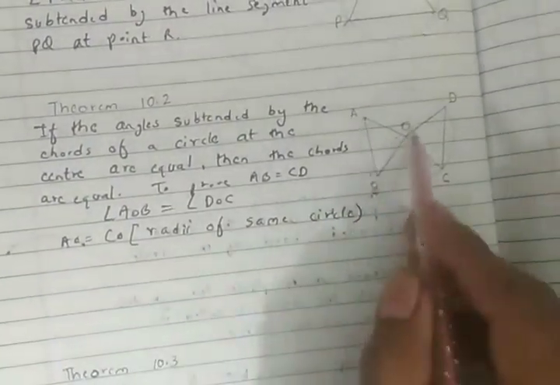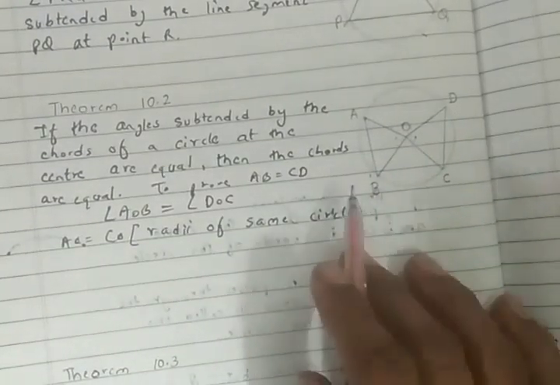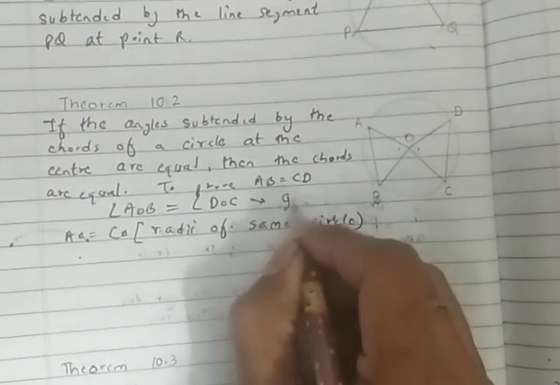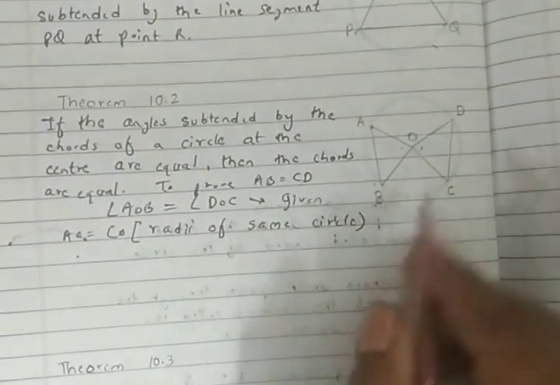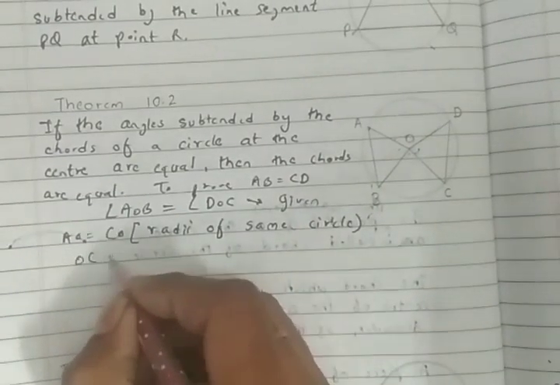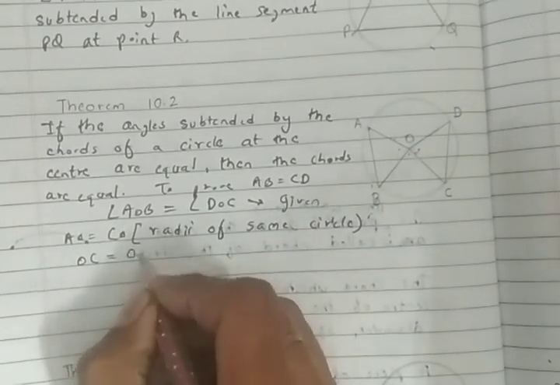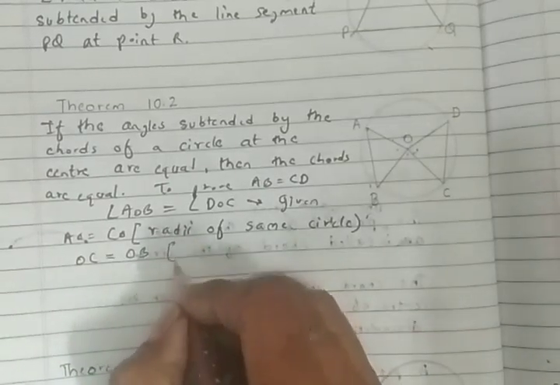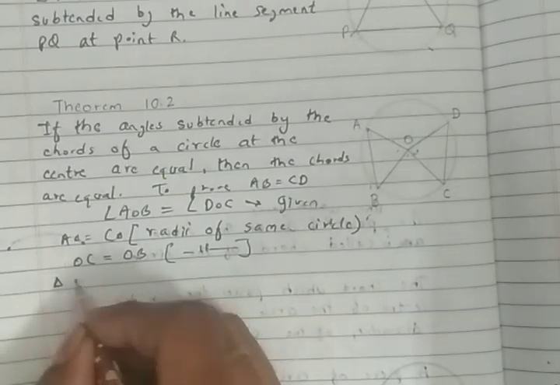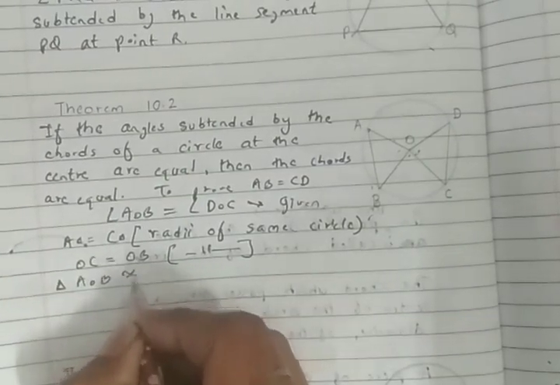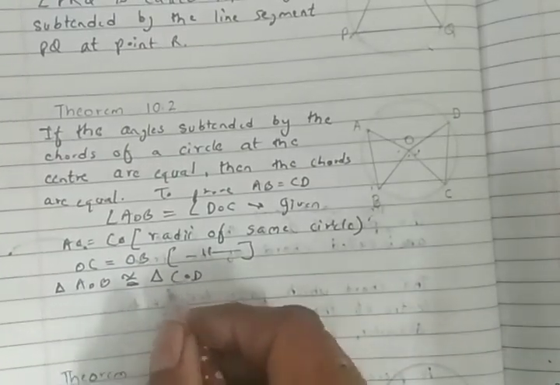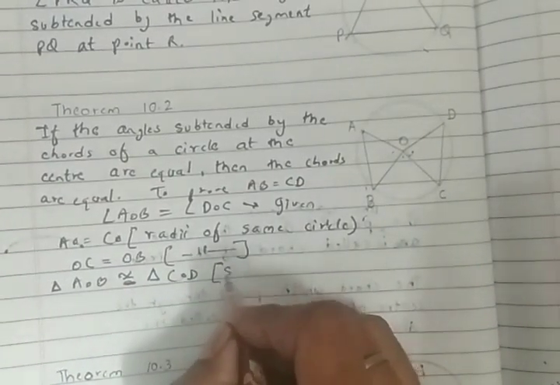Now angle AOB is equal to angle DOC. This is given. And OB is equal to OC, same reason. Hence we can say that triangle AOB is congruent to triangle COD by which rule?